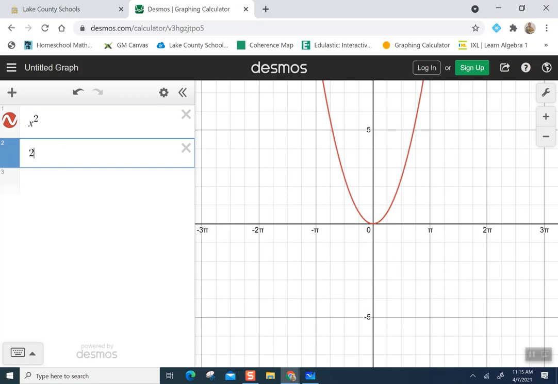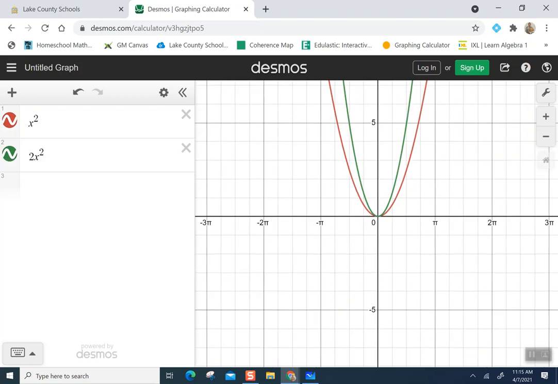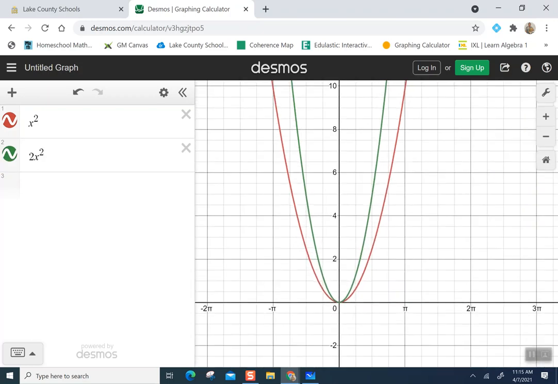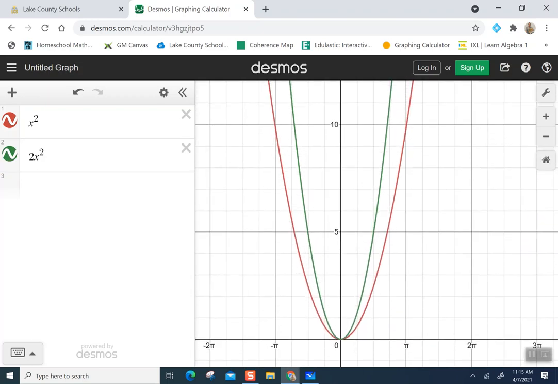So 2x squared. And you'll notice my green line, which is my 2x squared, is actually being stretched together closer. So it's on the inside of the red lines.